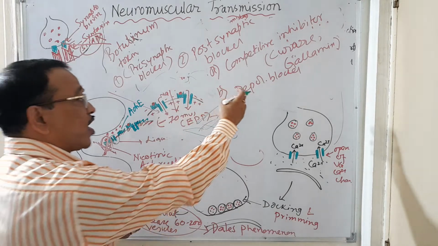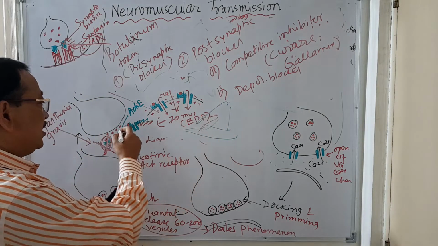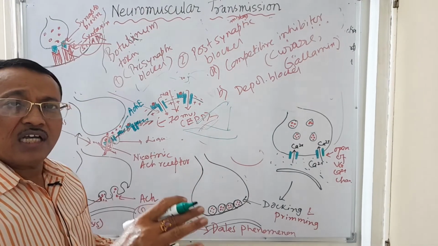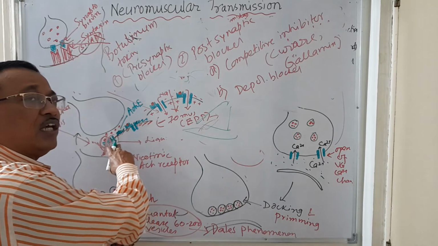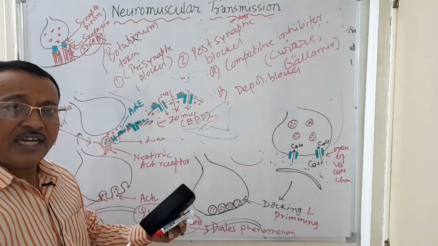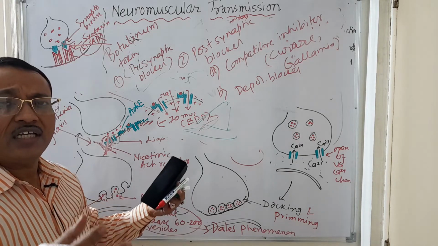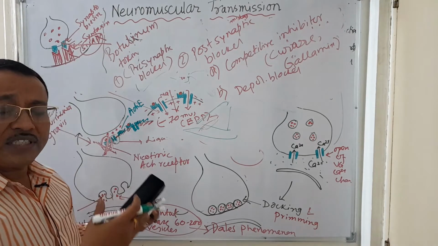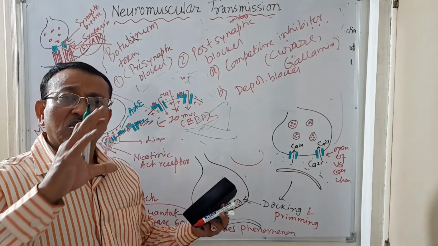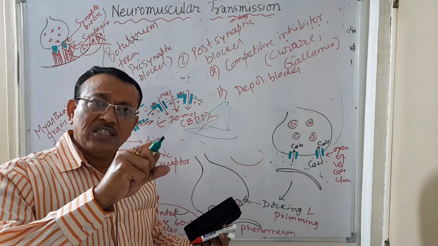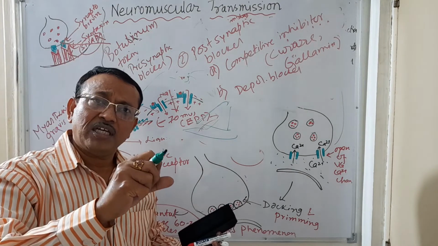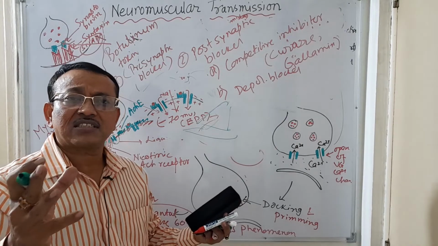Now this depolarizing blocker, what do they do? They do not allow the metabolism of the acetylcholine. So acetylcholine will be present for a long period. As it is present for a long period, muscles will be contractile. Even if the next stimulus is coming, muscle will not be relaxed.